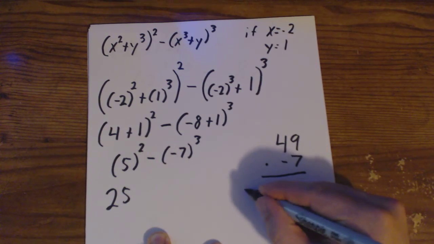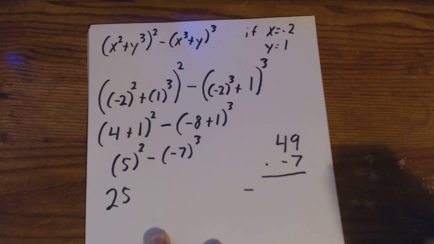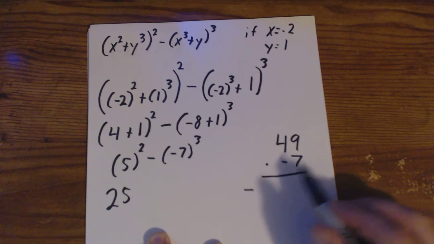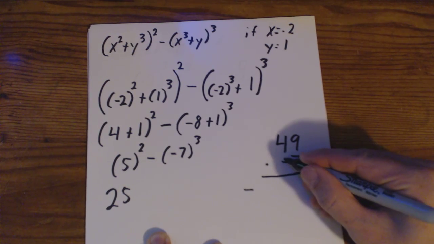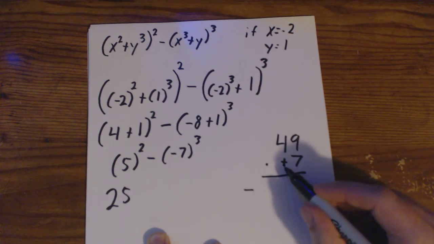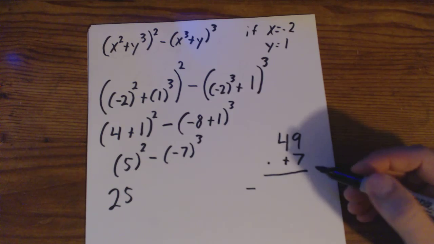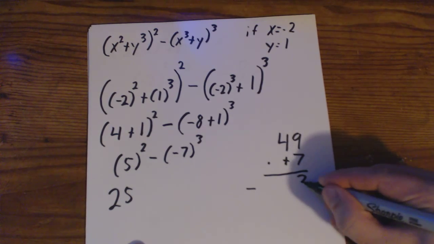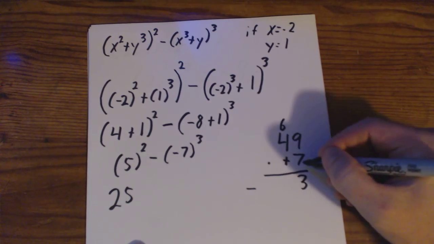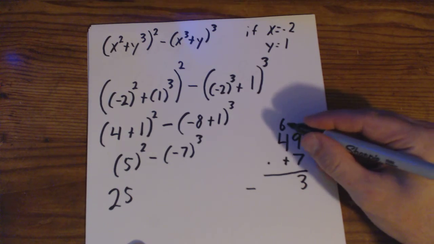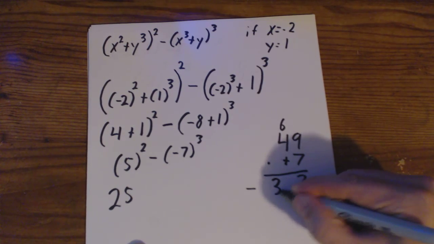So let's just put that negative down here, then we don't have to worry about it. 7 times 9 is going to be 63. 7 times 4, 28. Plus 6 will be 34.